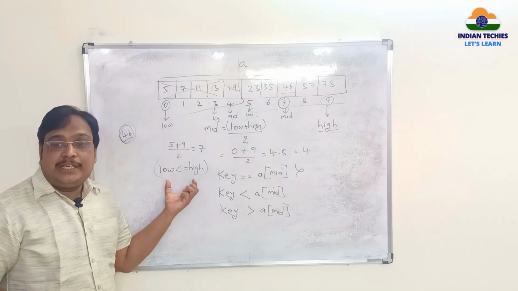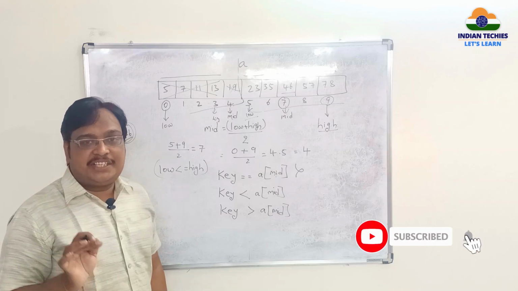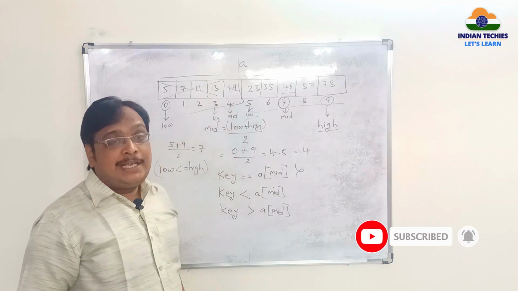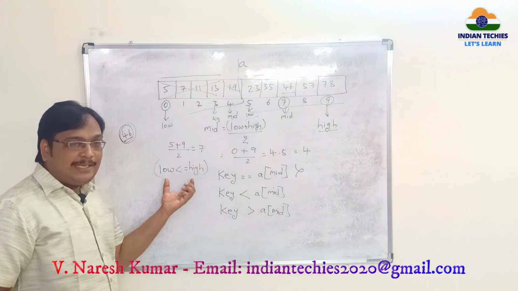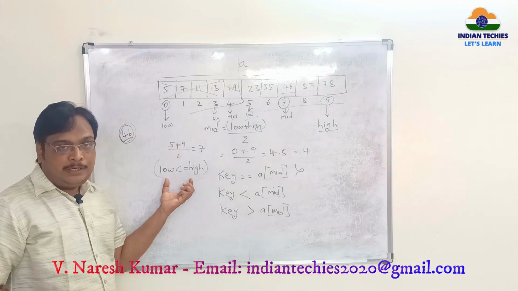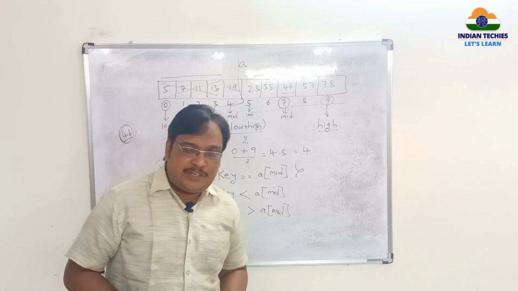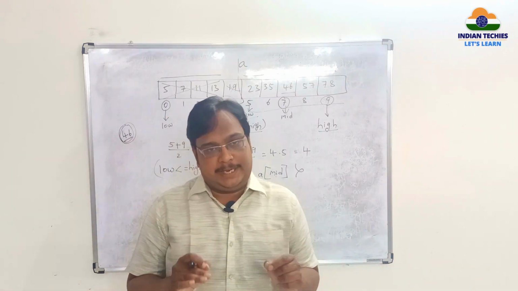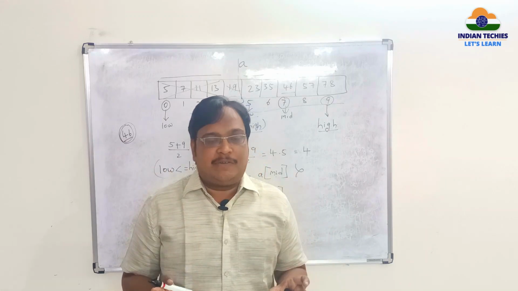Whenever this condition is false, the meaning is that the element you are searching for is not available in the list. Means low should be less than or equal to high. Low and high can be the same. There will be situations where low, mid, high may be the same. But always low should be less than or equal to high.